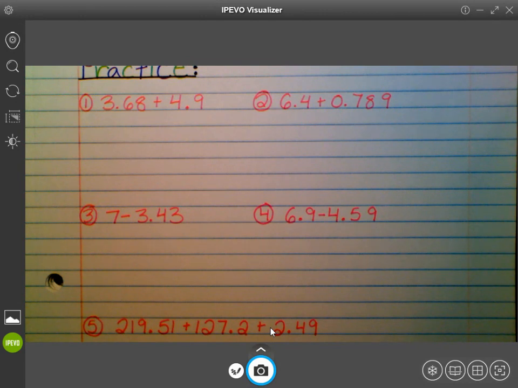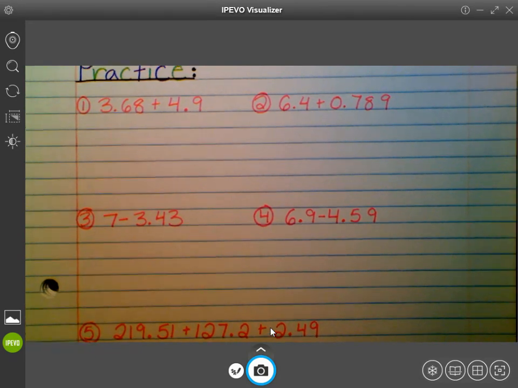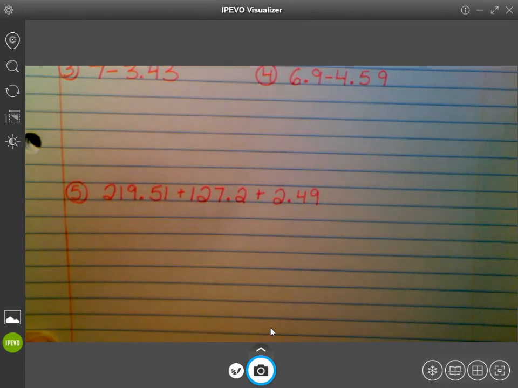Make sure you're paying attention to whether you're adding or subtracting. You don't want to get that mixed up. So number 1, you're adding. Number 2, you're adding. Number 3, you're subtracting. Number 4, you're subtracting. Number 5, you're adding.